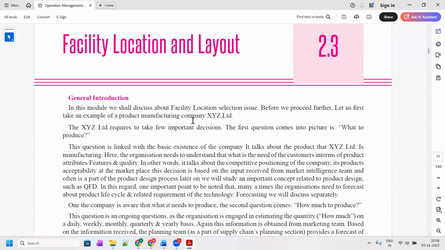When you talk about iPhones, laptops, or any kind of electronics company, the components come from China. Those components are assembled in India, and once assembled, they are sold in Western or European markets.